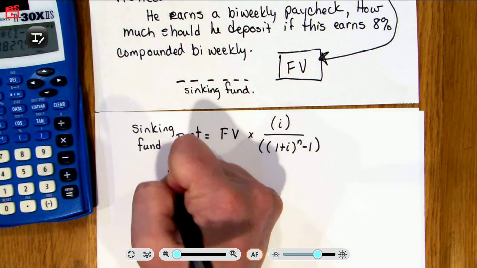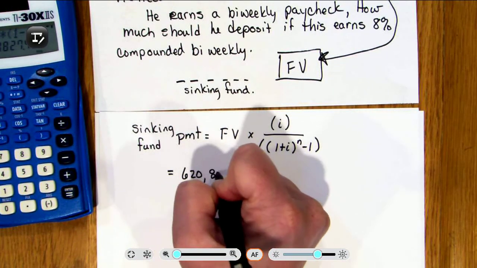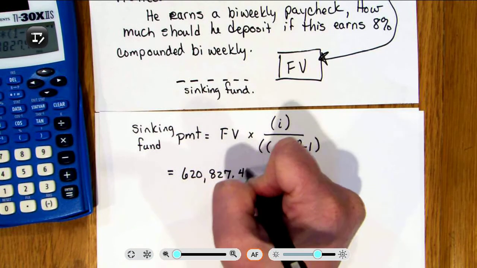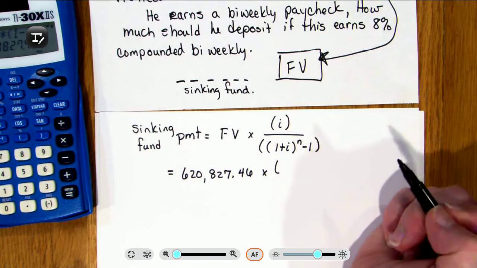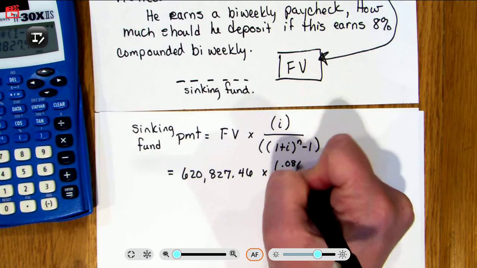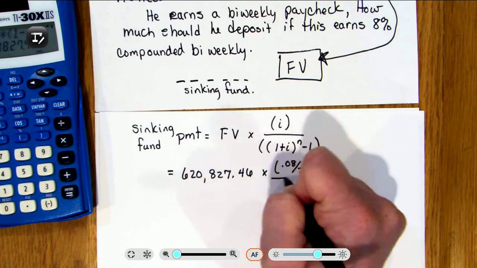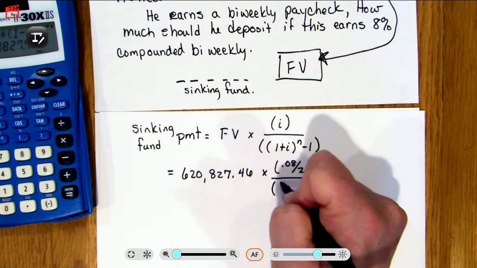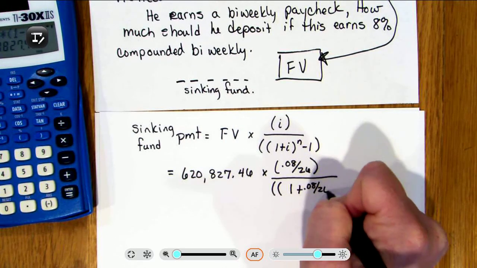So in this problem, our future value is $620,827.46. My interest rate has changed a little bit because we are saving now, so we're not going to be taking money out yet. It is biweekly, so divided by 26, parenthesis, double parenthesis 1 plus 0.08 over 26.